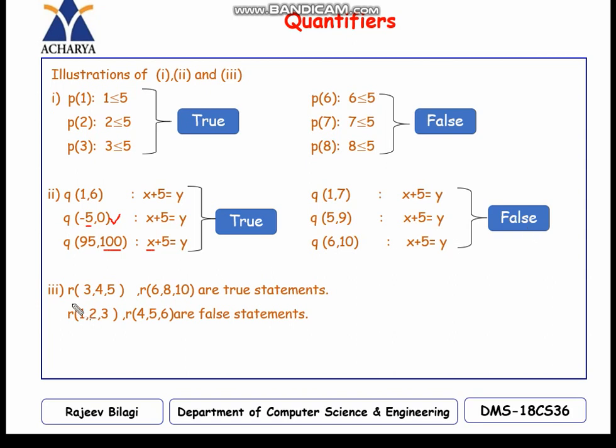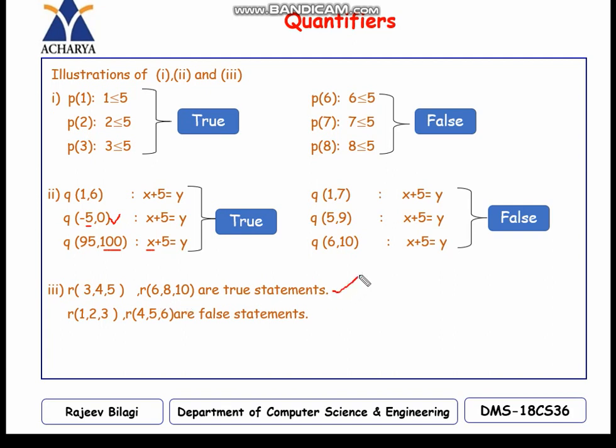Similarly, when there are three different variables, if you look at 3 comma 4 comma 5, that is 3 square plus 4 square is equal to 5 square, that is 9 plus 16 is equal to 25, which is 5 square. So that is also true. At the same time, r of 6, 8, 10, that is 6 square plus 8 square is equal to 10 square, that is 36 plus 64 is equal to 100.